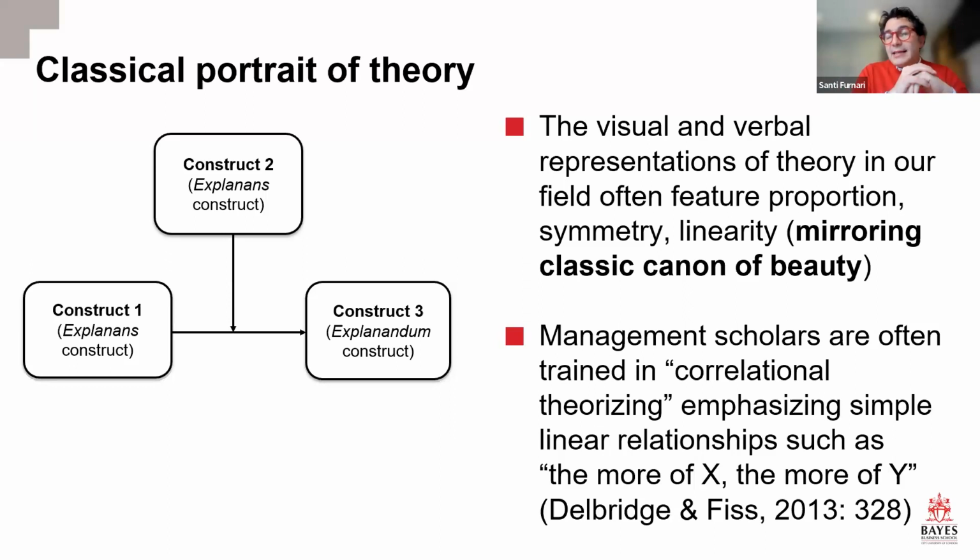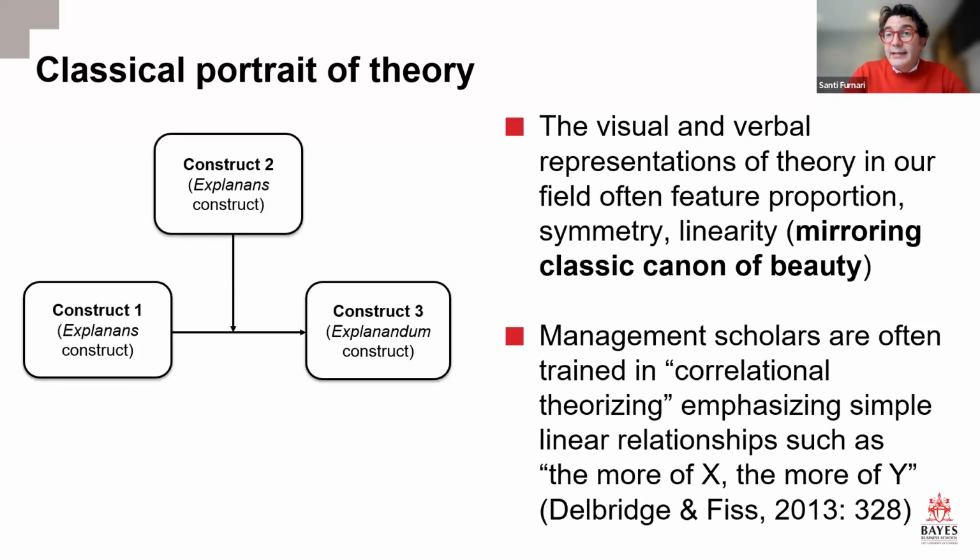Now, obviously, as I mentioned, I'm overgeneralizing here because correlational theorizing, as has been called by Delbridge and Fiss, is not the only style of theorizing. But it is fair to say that if you think about a PhD program in a business school, on average, a good portion of our training is in correlational theorizing.